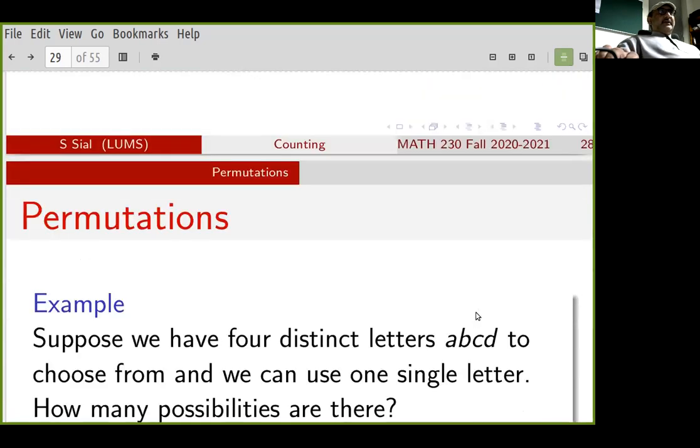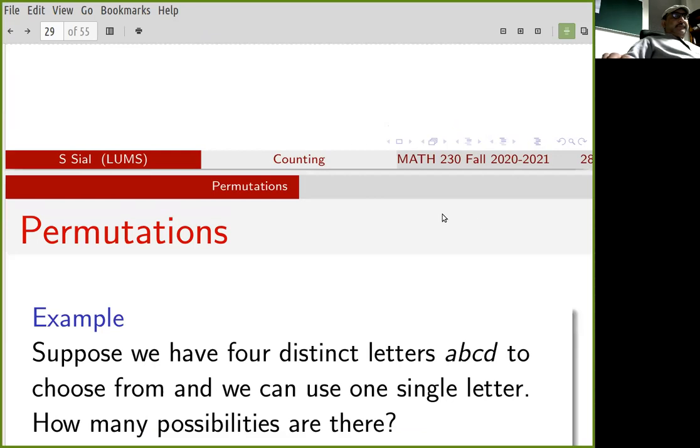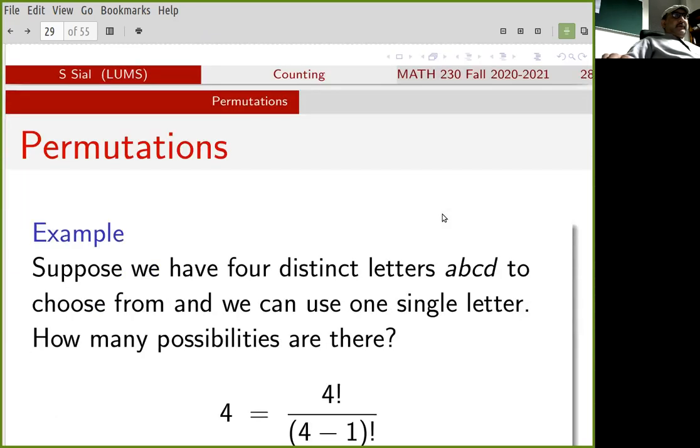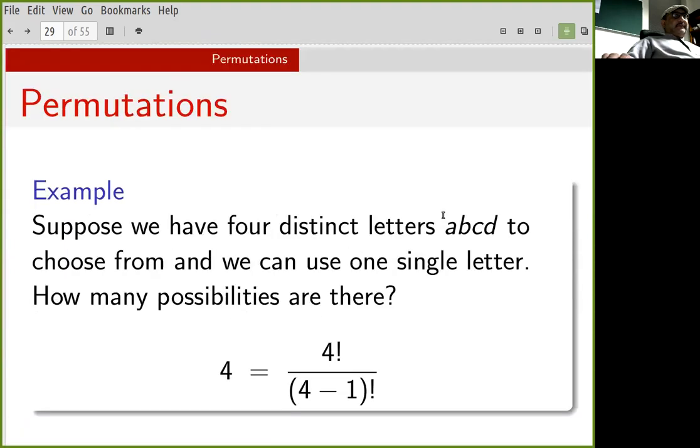Okay, so if we come back to the 4 distinct symbols example, A, B, C, D. So we have 4 distinct symbols to choose from, and we get to choose 1 single letter.